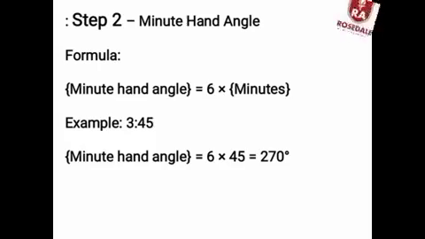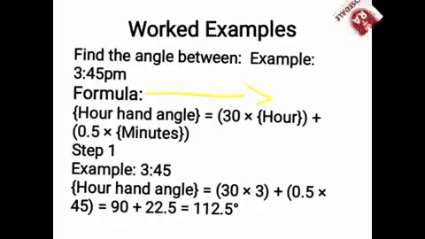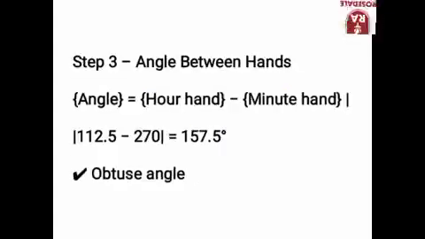This is step 2. Finally, for you to get the angle formed by the clock at 3:45, we can now come to this point and say the angle between the hands will give us hour hand minus minute hand. The hour hand gotten so far in the first step is what? 112.5. Alright, we now move to the minute hand.